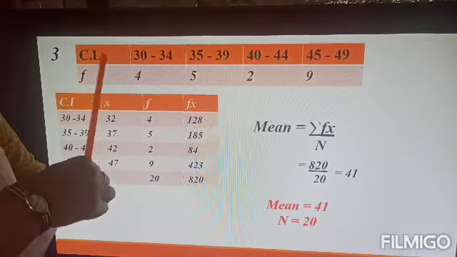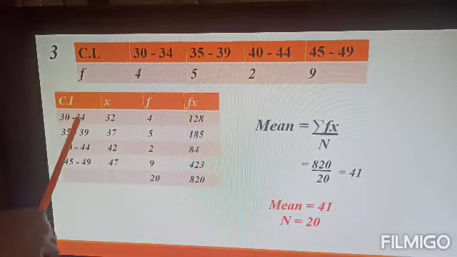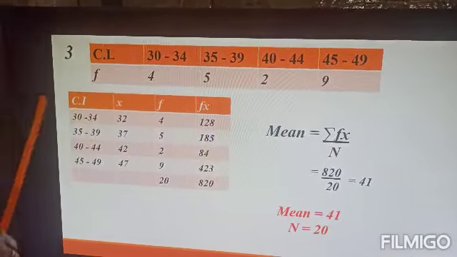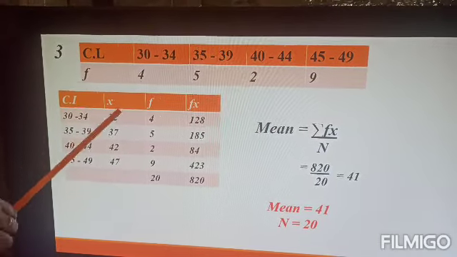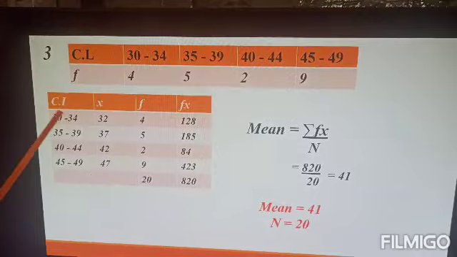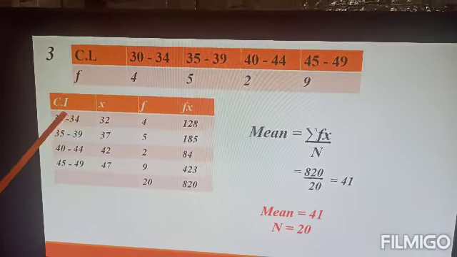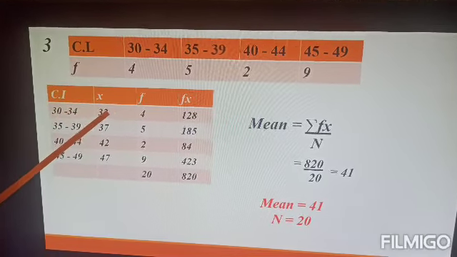See what the given class interval is: 30 to 34, 35 to 39, 40 to 44, 45 to 49. From this we have to find the x value. We have to add these two and divide by 2. By that, the average of these two will be the x column.